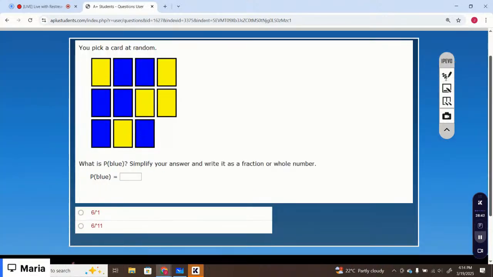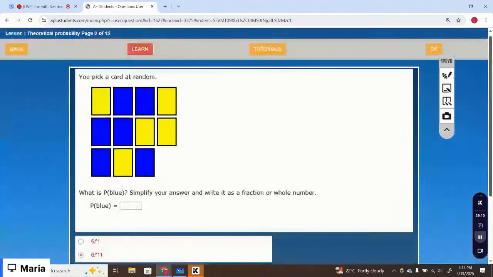We have 6 blue cards out of 11. That is 6 out of 11. Option number 2 is the correct option.